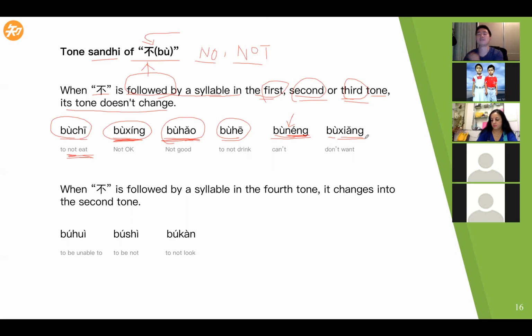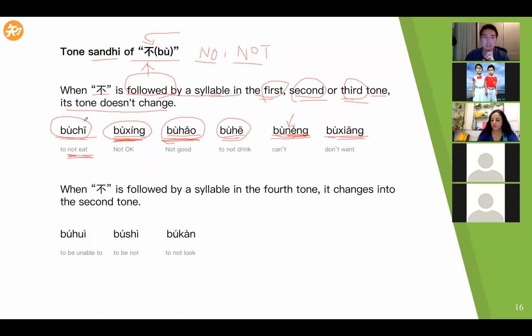不想. Read after me. Great. So 不想 means I don't want to do something. Now all of you together, read after me. 不吃, 不行, 不好, 不喝, 不能, 不想.